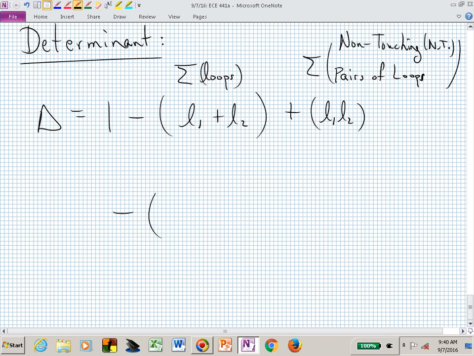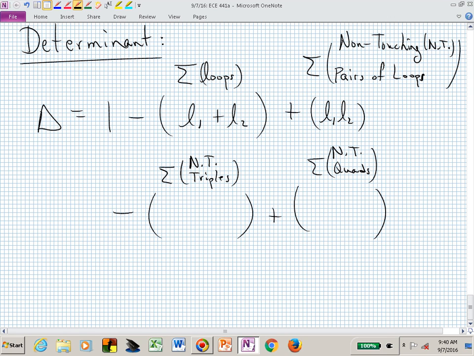So we have the sum of non-touching triples, plus the sum of non-touching quads. 4 loops that don't touch, and we form their product. This doesn't even exist in this example, does it? How many loops did we have? 2. So we couldn't even talk about a triple.